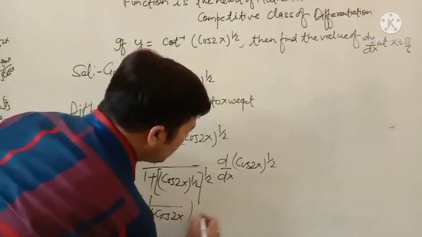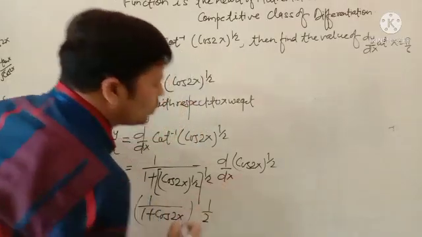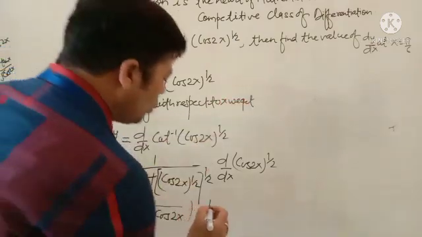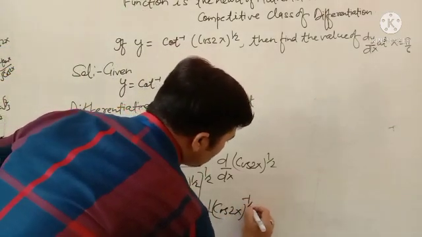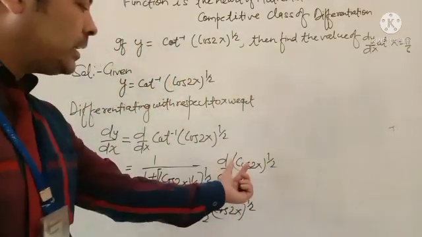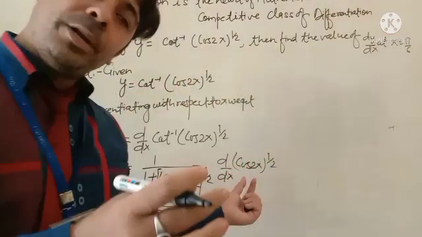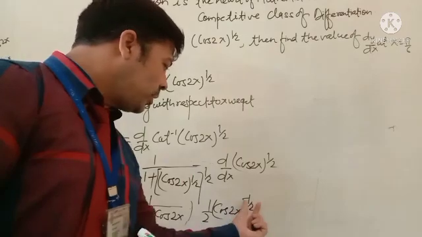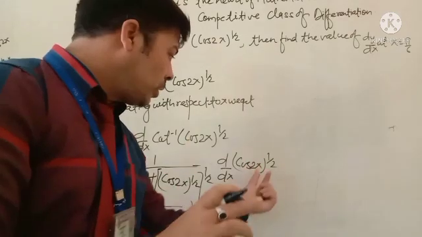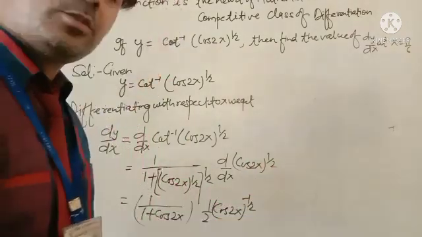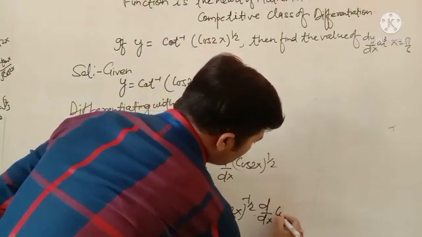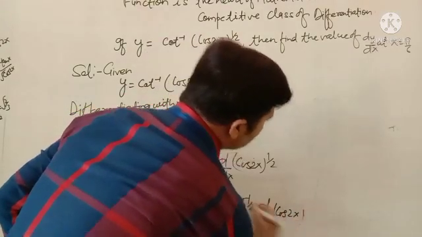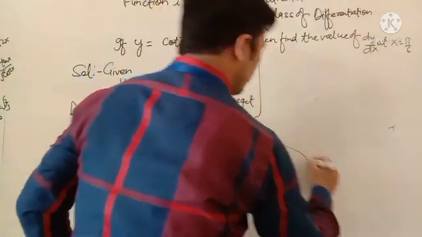Then 1 upon 2 (cos 2x) to the power minus 1 upon 2, because it is in the form x to the power n, giving x to the power n minus 1, so 1 by 2 minus 1 gives minus 1 by 2. Again you have to use the same rule: d by dx of cos 2x.